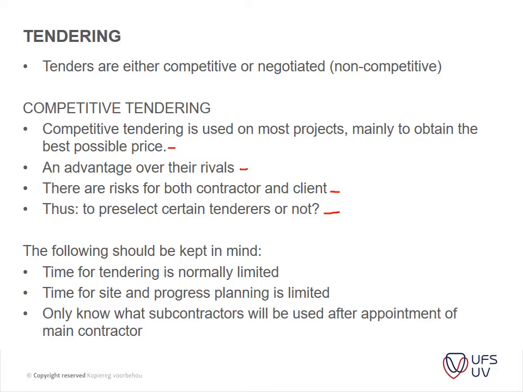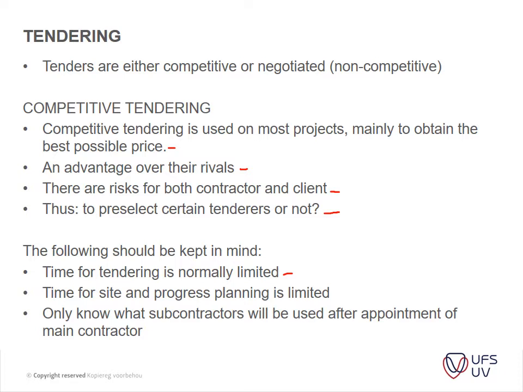Whenever you consider competitive or negotiated tenders or tendering methods, you should keep in mind that the time of tendering is normally limited, so you can't go out on an elaborate tender process.